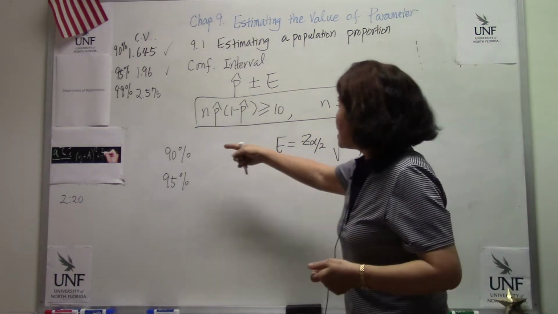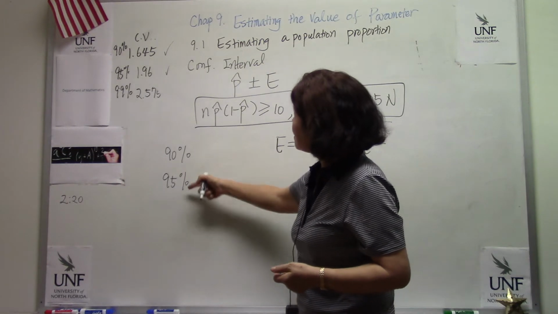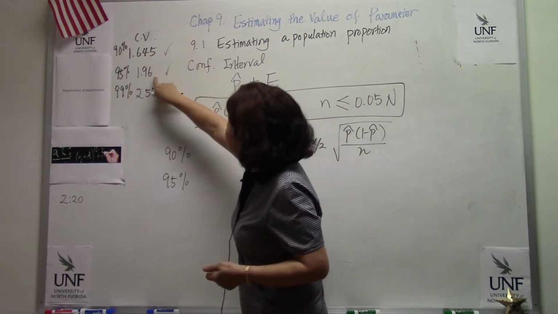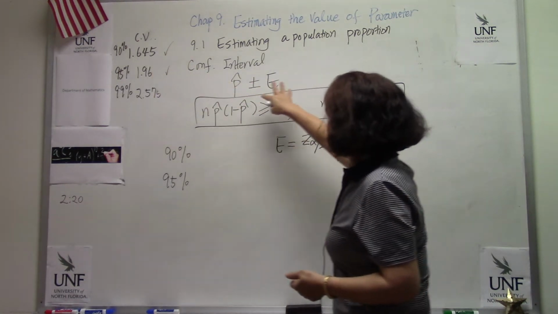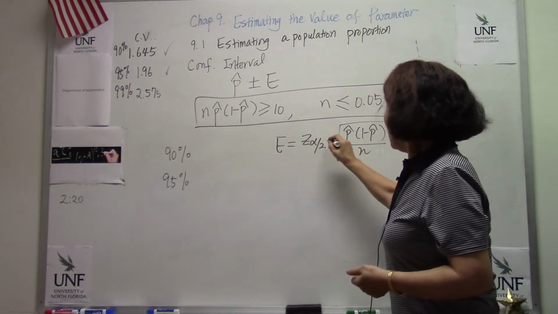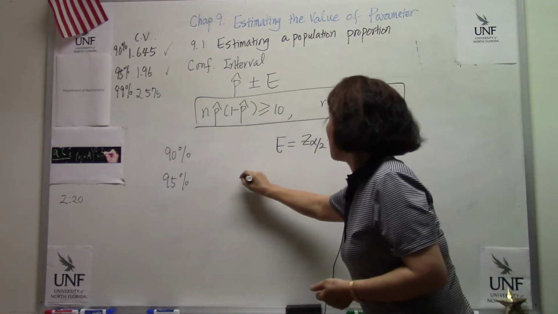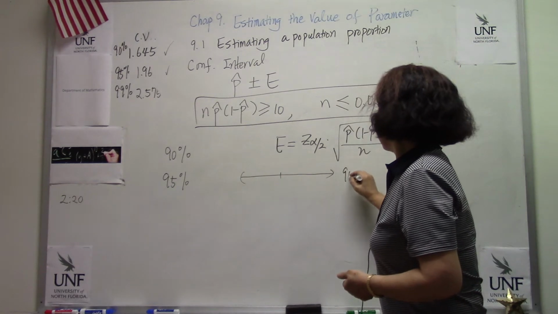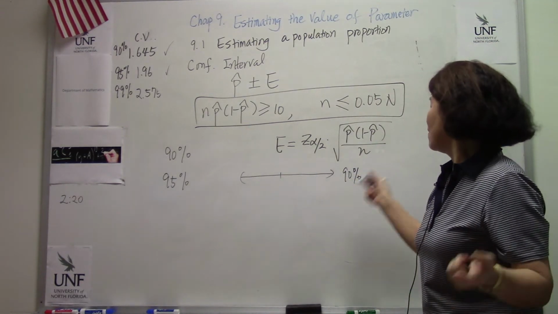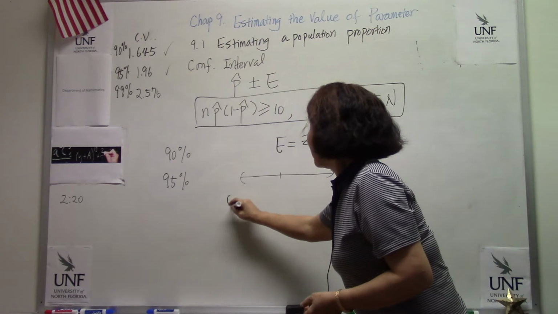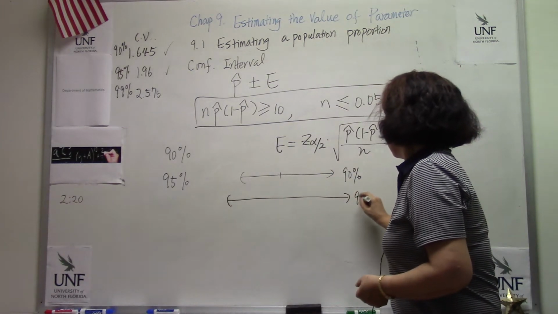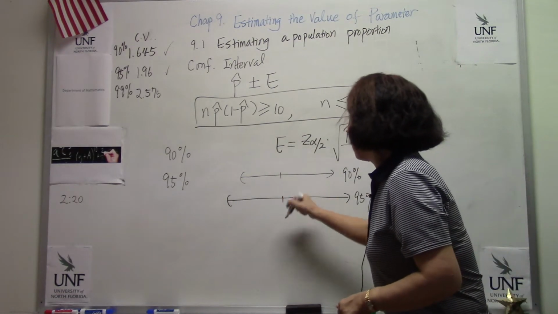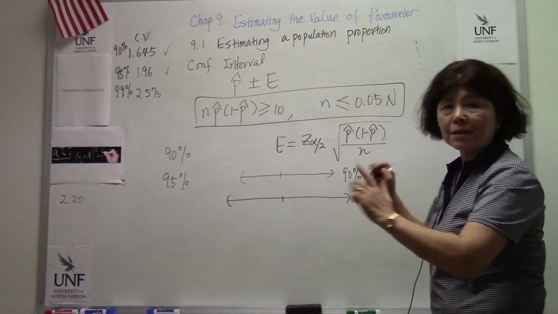As you see, if you increase the confidence level, what does it do? The critical value goes up also. So what does the critical value do? It multiplies, so it's going to get larger. So if this is a confidence interval with 90% confidence level, and then 95% for the same matter, the interval is going to be wider.